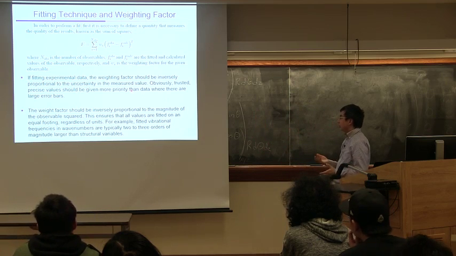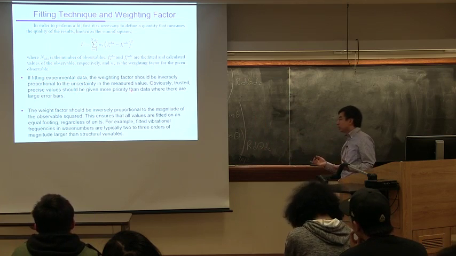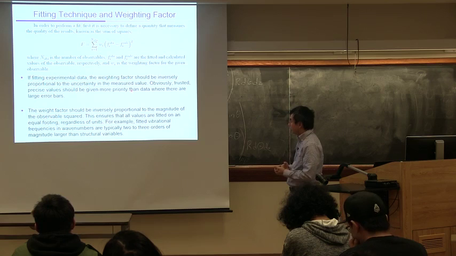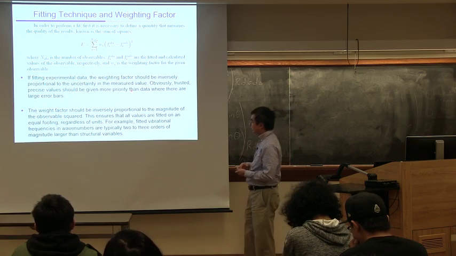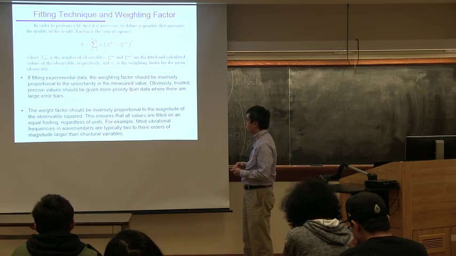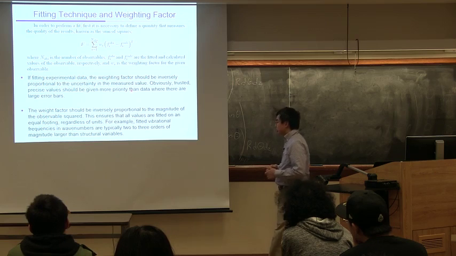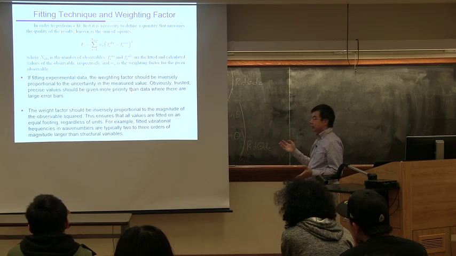And if an observable measurement you're not so sure about, then we should give less weighting factor, right? Okay, another point is that the weight factor should be inversely proportional to the magnitude of the observable squared, okay? Because the observables have different units, different magnitudes, right?